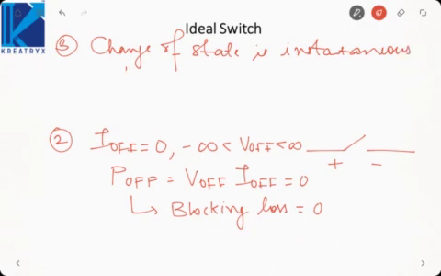That means turn on time and turn off time both must be 0. So the switching time must be 0, due to which the switching frequency is infinite. Switching frequency being infinite means you can apply a signal of any frequency at the terminals of this device. No matter what the frequency of that signal is, this device can handle it, because its limit is infinite frequency.